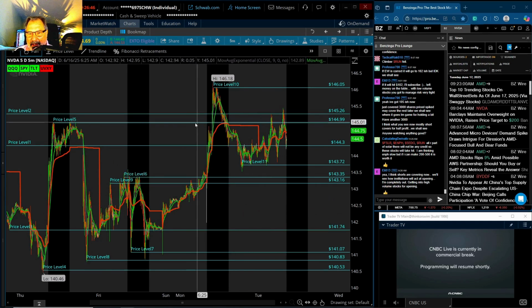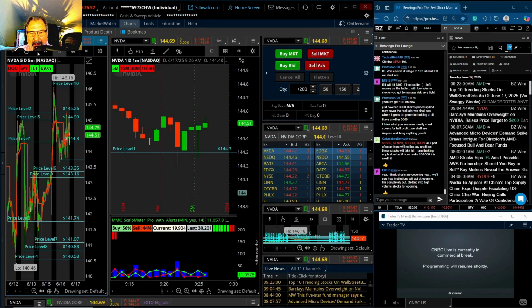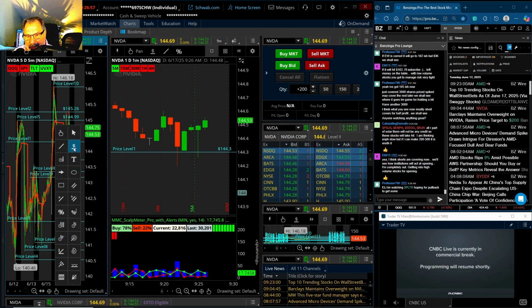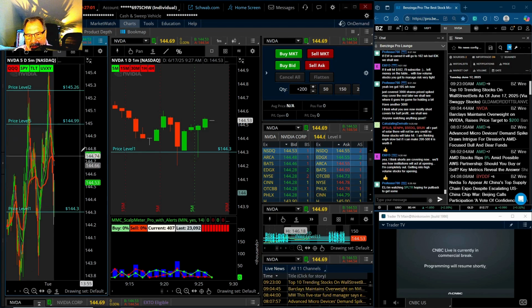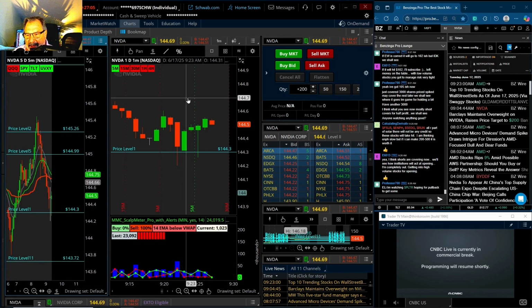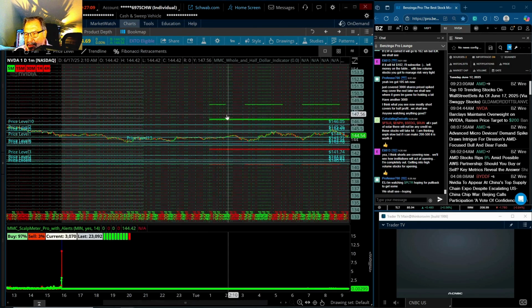I also have on here, on the 1 minute chart, multiple levels from the new ATR level script that I haven't made available yet, but I will soon. That is marking the high and the halfway point, and that's on this 1 minute chart now, so we can better see ranges here.